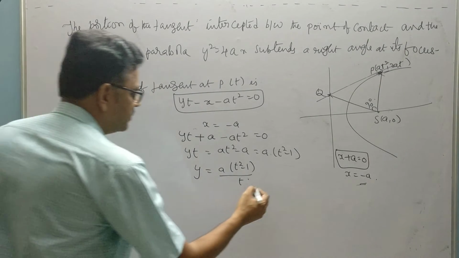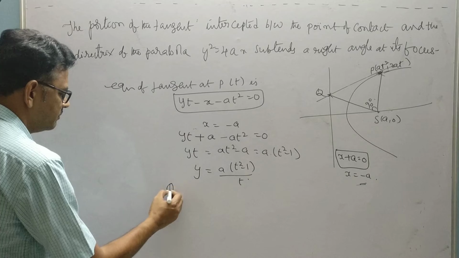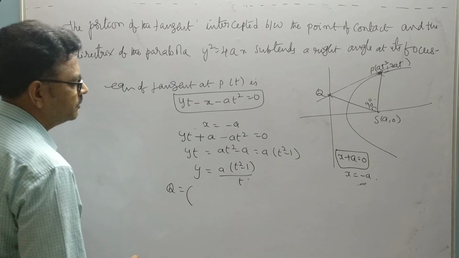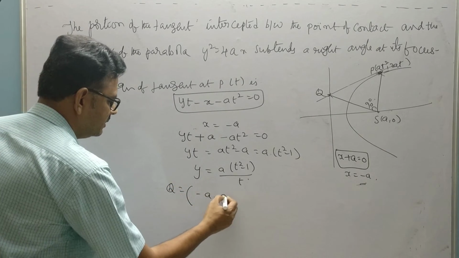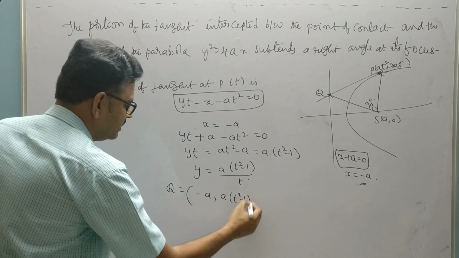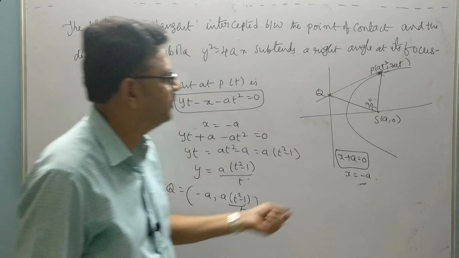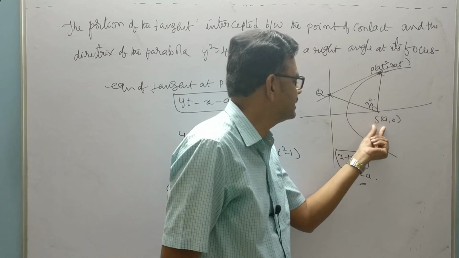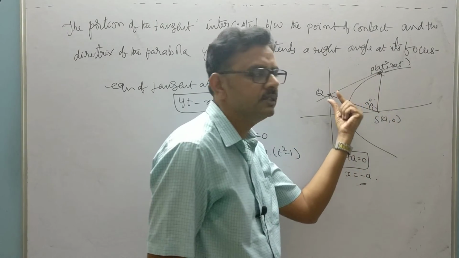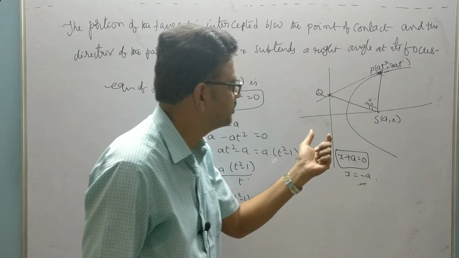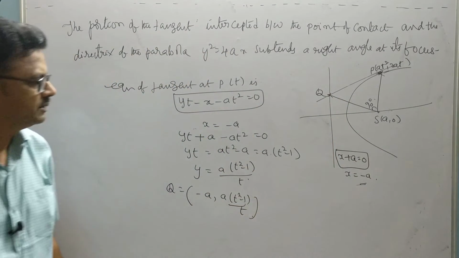Therefore the coordinates of Q are (minus a, a into t square minus 1 by t). Now you find the slope of SP and the slope of SQ. You observe that their product is minus 1.